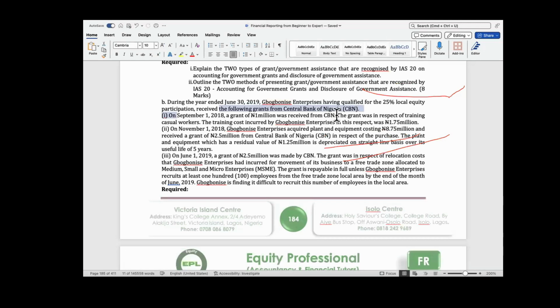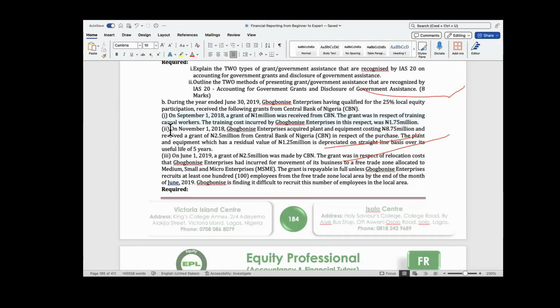The grant was in respect of training of casual workers. The training cost incurred by Bugbonishe in this respect was 1.75 million. Is this a grant related to income or grant related to assets? Related to income. Okay, that's correct.